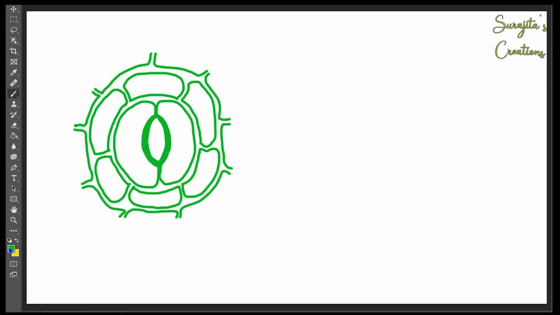Now let us draw the structure of the nucleus. The guard cells contain a nucleus. Each guard cell contains one nucleus and a number of chloroplasts.